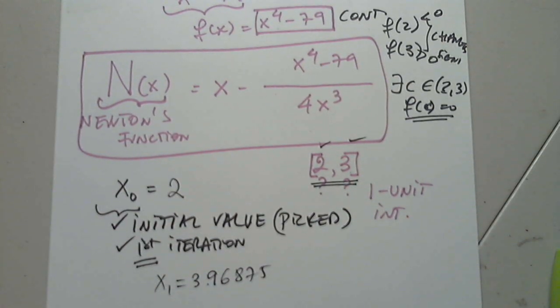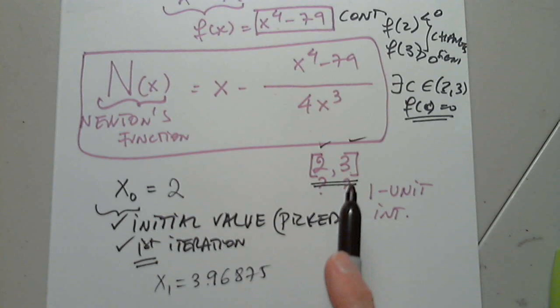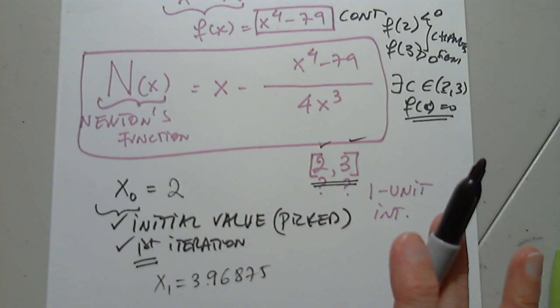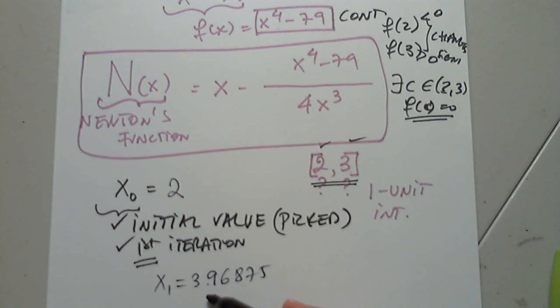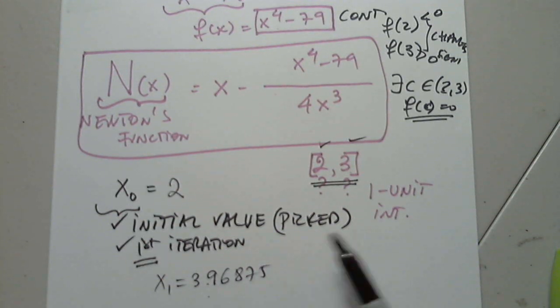X sub 1 is 3.96875. I'll stop for a moment. You can say, wait a minute. Look what I'm getting. The interval is 2, 3, and I'm getting 3.96. Don't panic. The first one, maybe even the second one, could be out of the range. But if from here they go to 16, then something is terribly wrong.